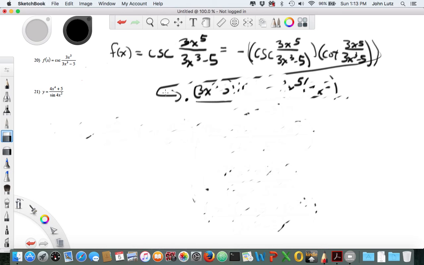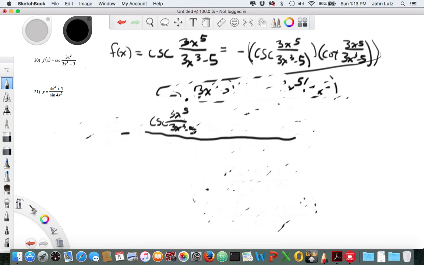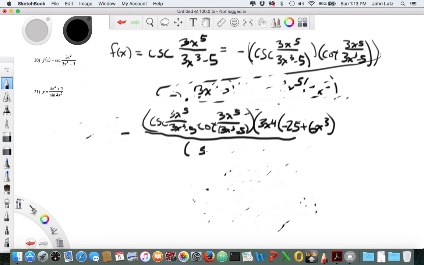Anyway, you're going to end up with, and you can put all this on the top of your thing, your minus cosecant of 3x to the fifth over 3x to the third minus 5 times cotangent of 3x to the fifth over 3x to the third minus 5, and you're going to multiply that times what we said: 3x to the fourth times negative 25 plus 6x cubed all over 3x to the third minus 5 squared.